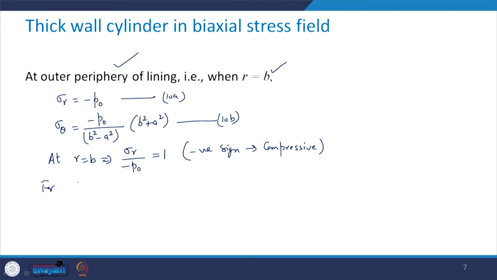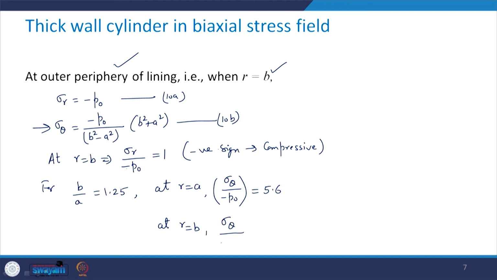For b by a equal to 1.25, and I take at r equal to a, your sigma theta upon minus P naught, that means this quantity from this equation, is going to be equal to 5.6, and at r equal to b, your sigma theta upon minus P naught will be 4.5.